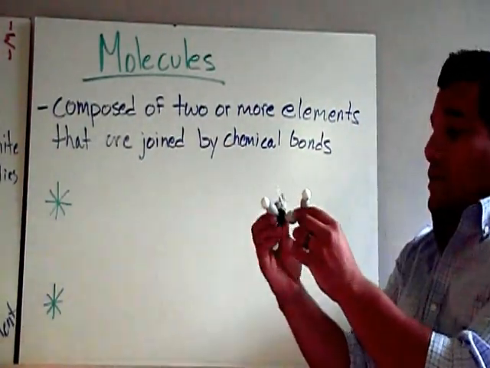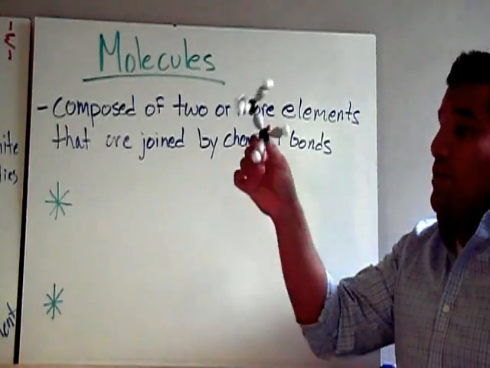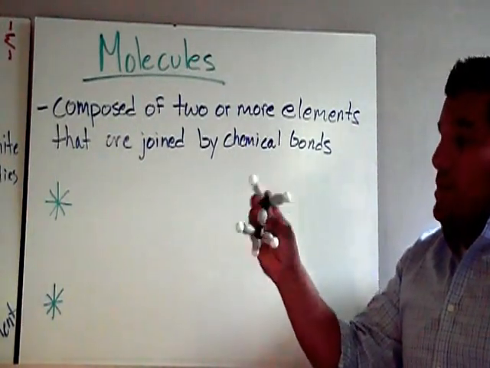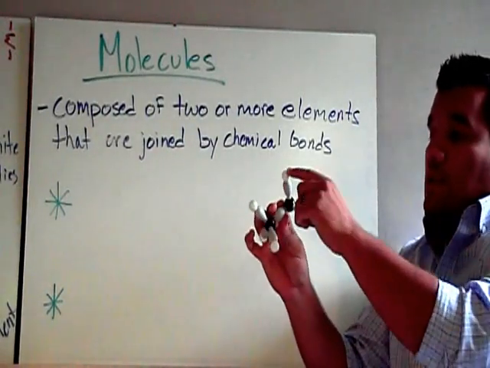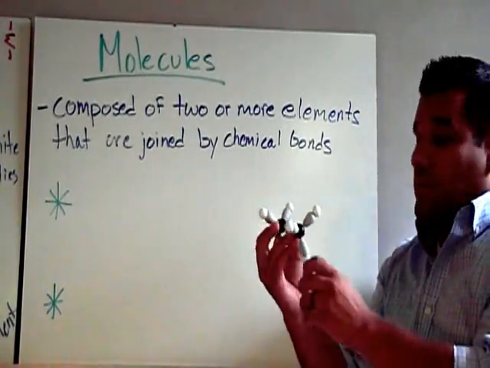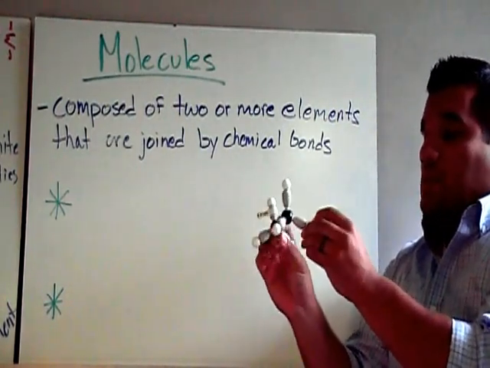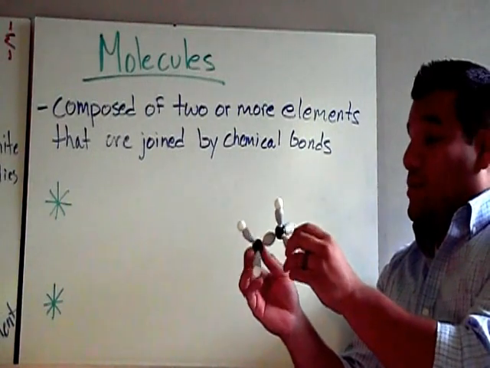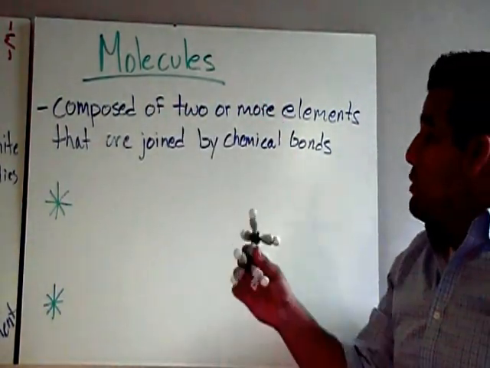This is a model of a molecule. Molecules aren't this big; this is a model. Each one of these little balls represents an atom. The black ones are carbon atoms, and the white ones are hydrogen atoms.